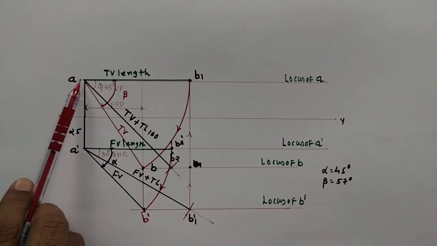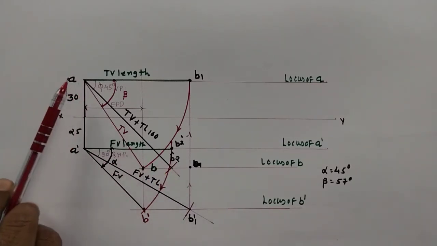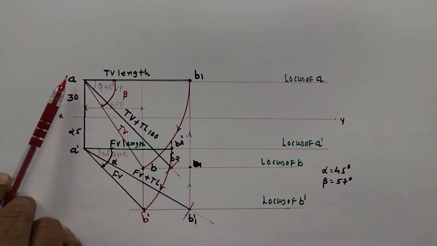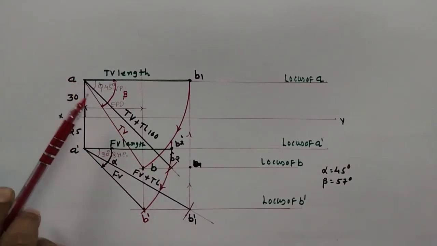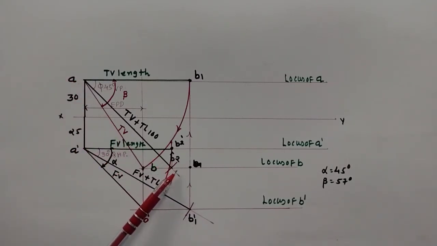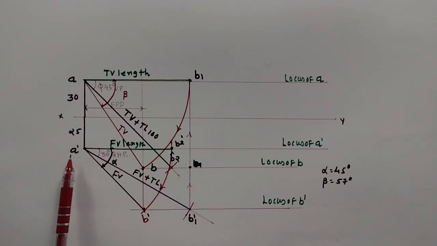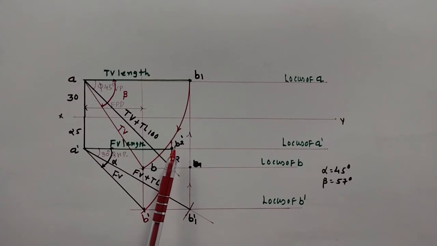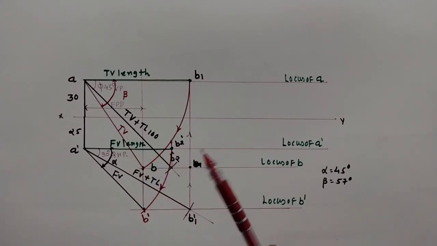Similarly, when your line is inclined to VP, your top view is always inclined as AB2, and its elevation A dash B2 dash is parallel to the XY line. If you rotate your front view length toward the locus of B dash, you can get your actual elevation point.